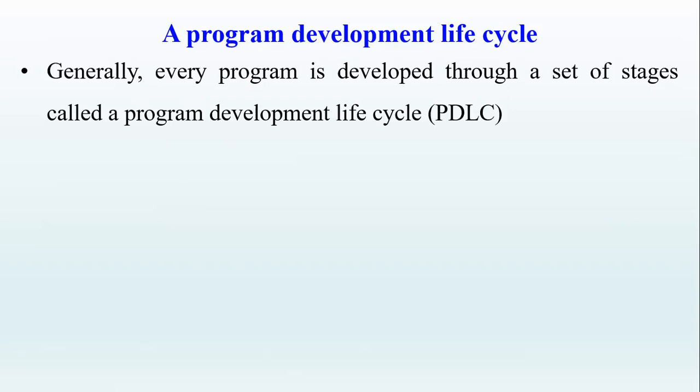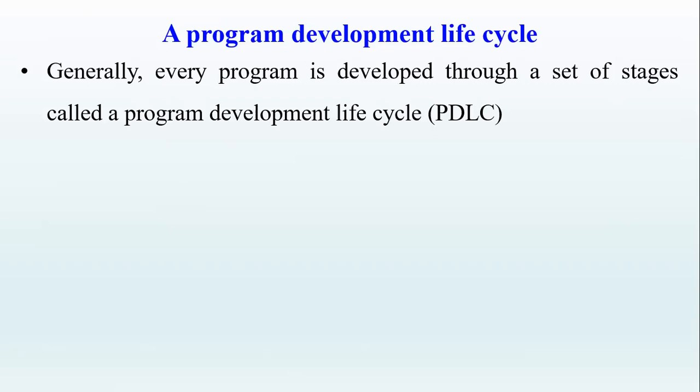Let's now look at what we call a program development life cycle, or PDLC. Generally, every program is developed through a set of stages that are called a program development life cycle.